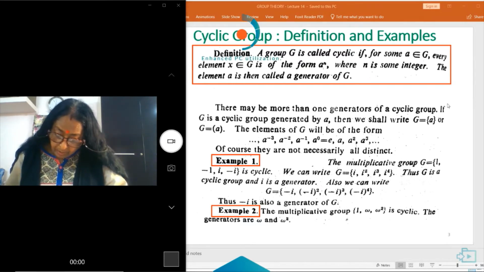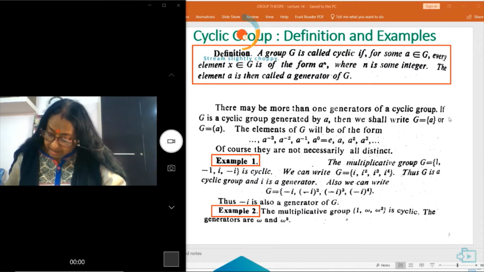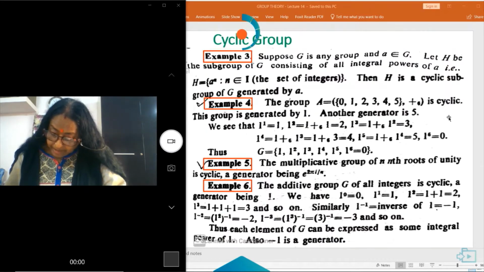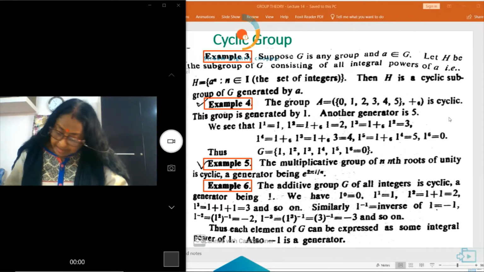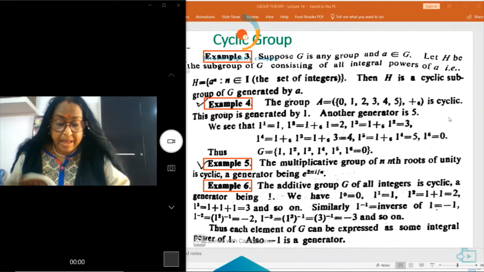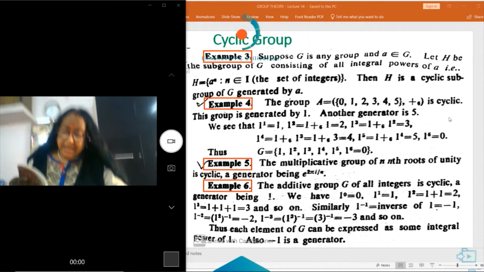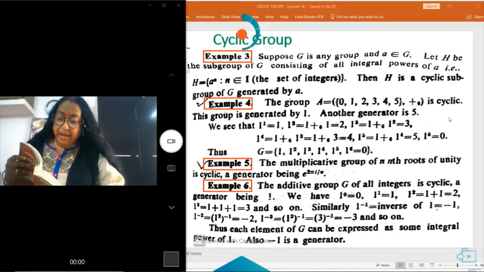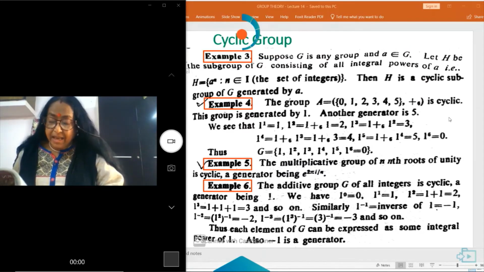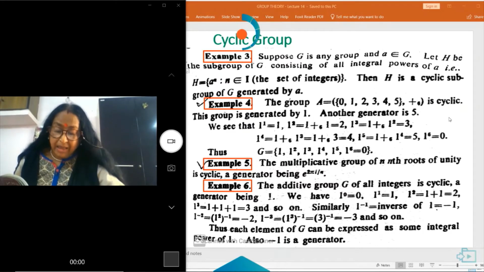The multiplicative group 1, omega and omega square is cyclic. The generators are omega and omega square. Suppose G is a group and a belongs to G. Let H be the subgroup of G consisting of all integral powers of a. That is, H is equal to a to the power n, where n belongs to the set of integers.